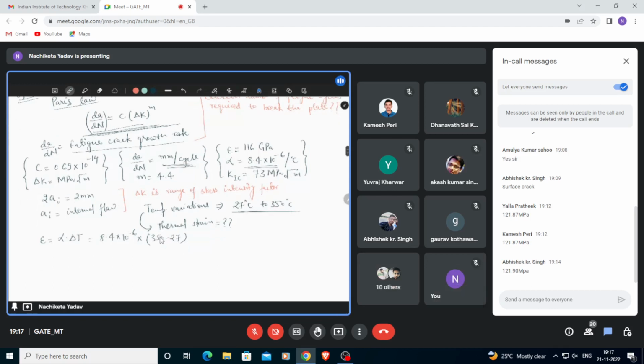And from here we will calculate the thermal stress. Can anyone calculate what the thermal stress value will be? The elastic modulus, E value, is given, and we know the thermal strain.